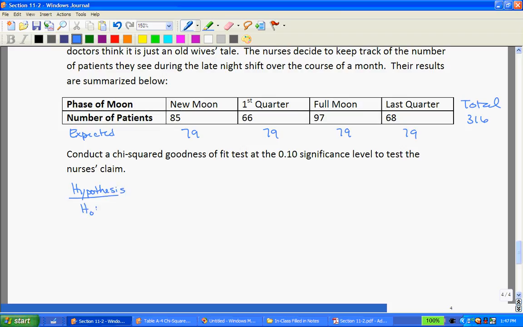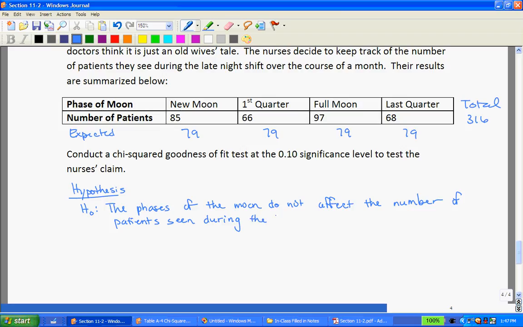And our null is something to the effect of the phases of the moon do not affect the number of patients seen during the late night shift.